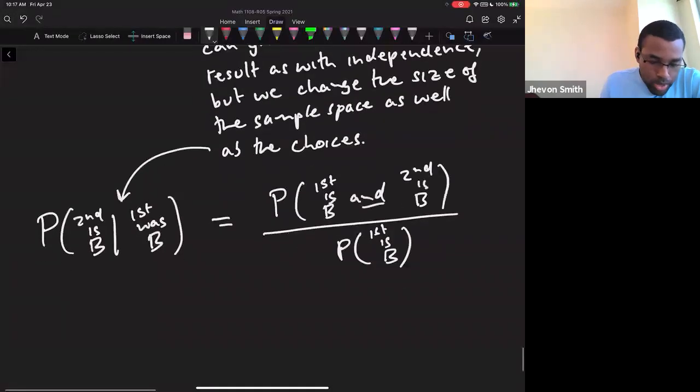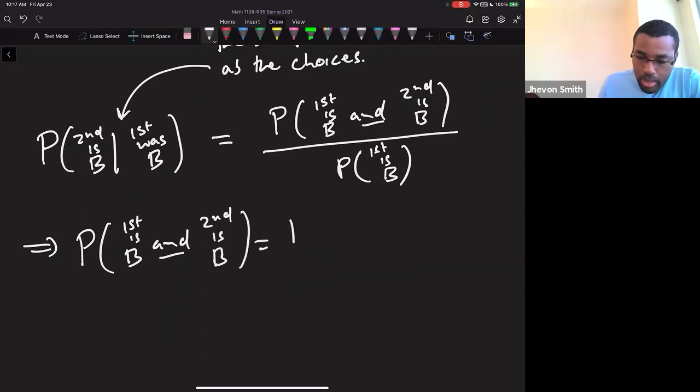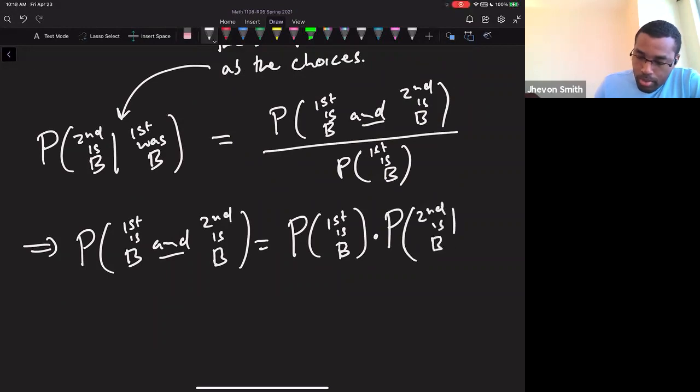And so what you can recognize here is that the probability that the first is blue and the second is blue is just going to be the probability that the first is blue times the probability that the second is blue given that the first was blue.